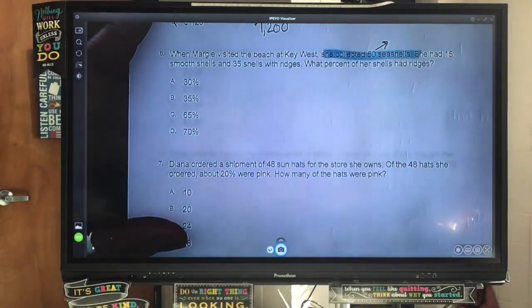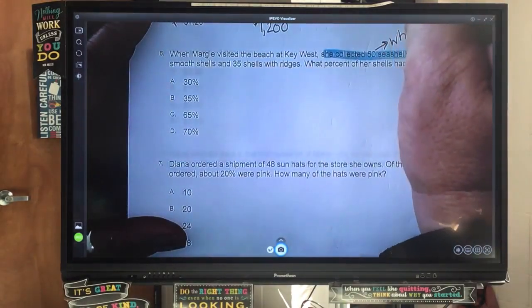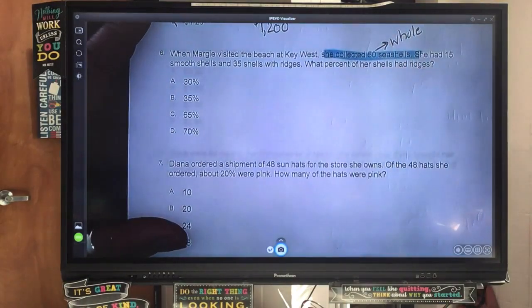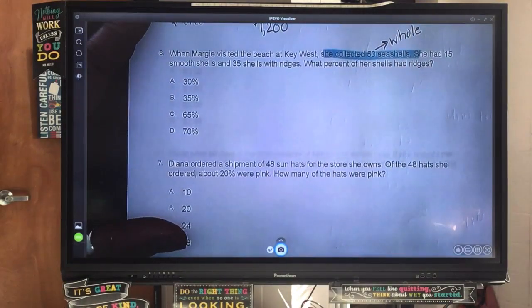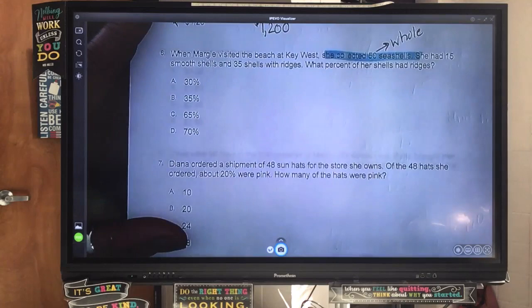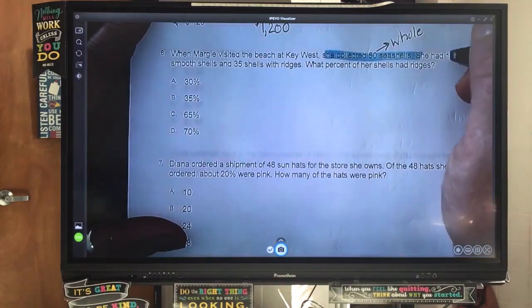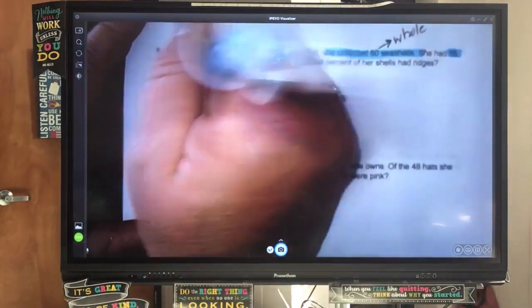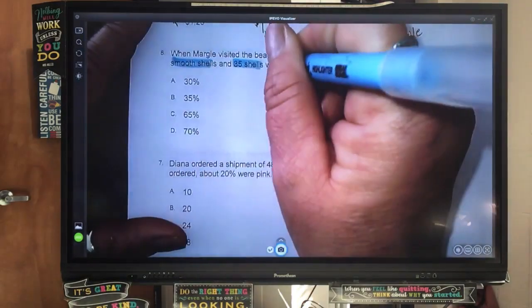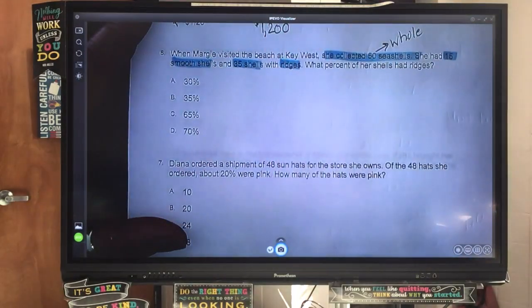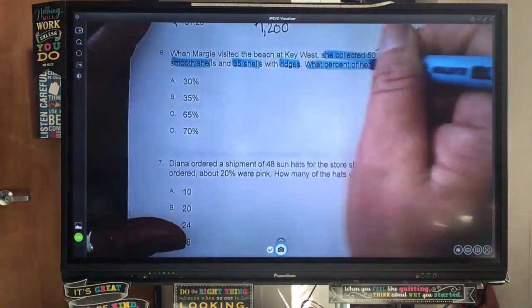This 50 seashells is what? The whole. So right off the bat, you're thinking to yourself, okay, I'm not finding the whole. Keep going, Mikhail. She had 15 smooth shells and 35 shells with ridges. Okay. What percent of her shells had ridges?